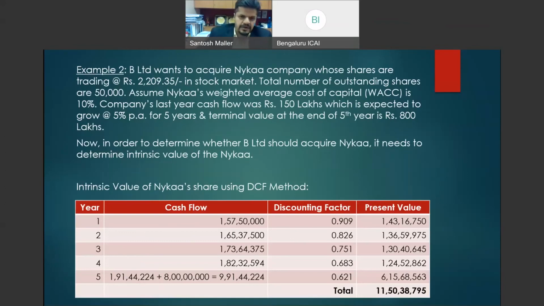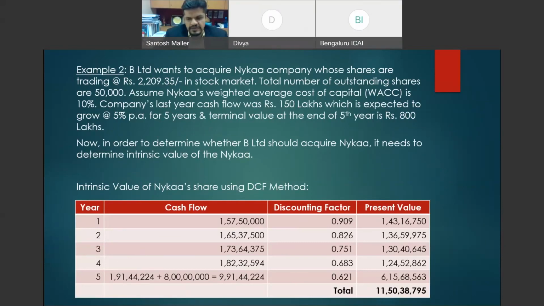Then you have the discounting factor you use based on the weighted average cost of capital of 10%. So you apply the discounting factor multiple, and then the present value, that is the cash flow expected multiplied by the discounted factor, gives the present value. So you have the total, the summation of all the present values, to be 11 crores 50 lakhs.